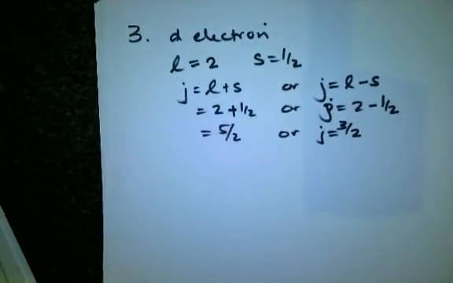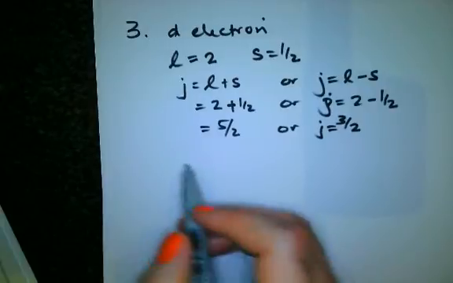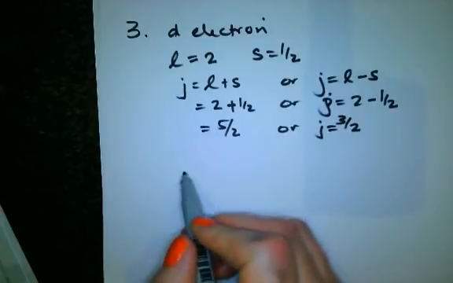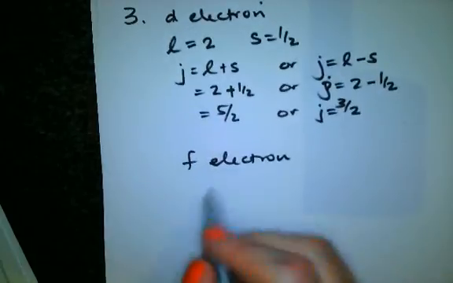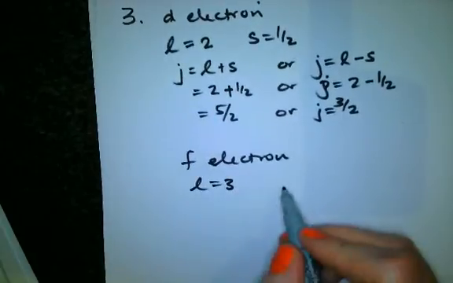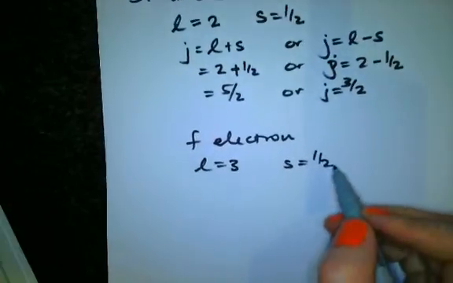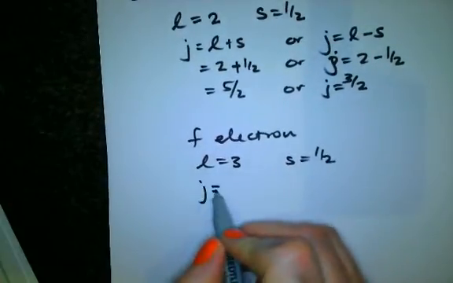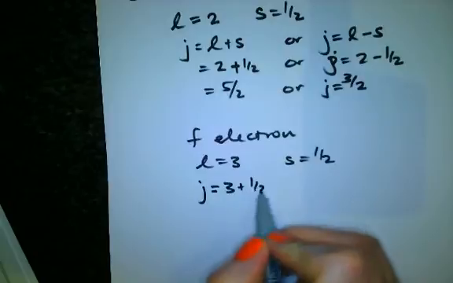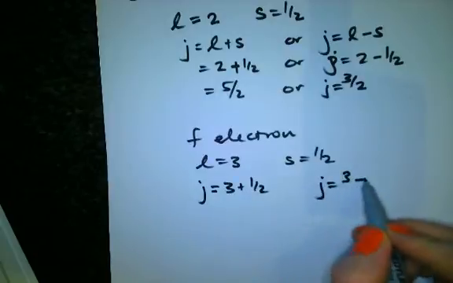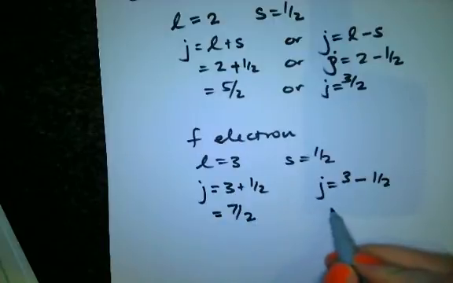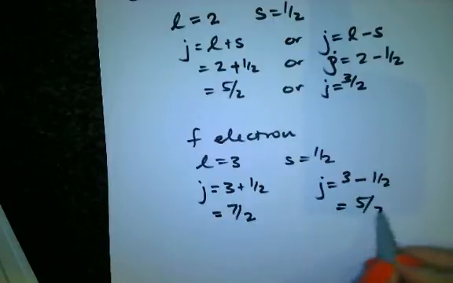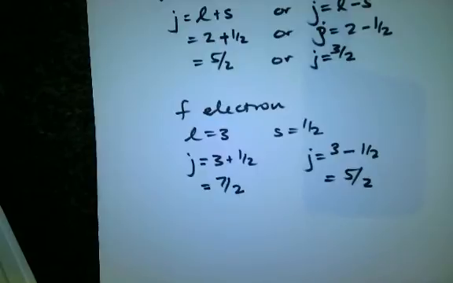And the second part, for an f electron, L is 3, S is always a half, so J can be 3 plus a half, or 3 minus a half, which is 7 over 2 or 5 over 2. So those are the possible values for J for an f electron.